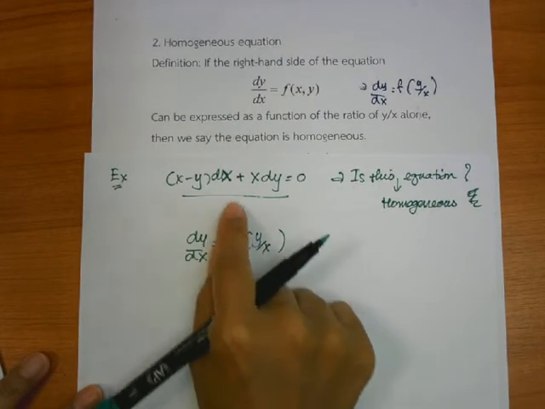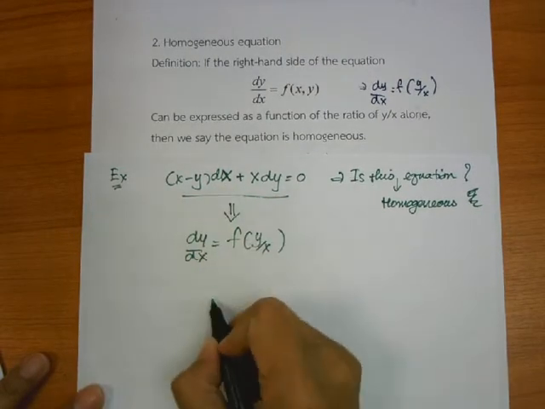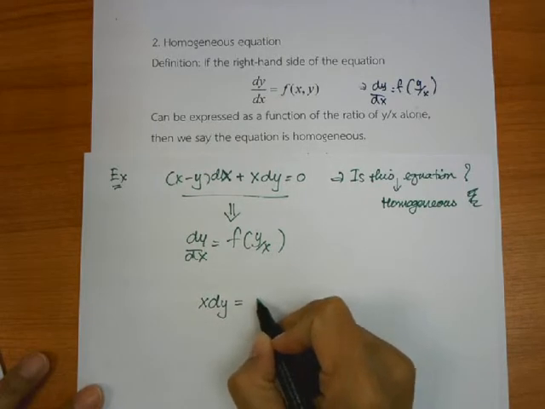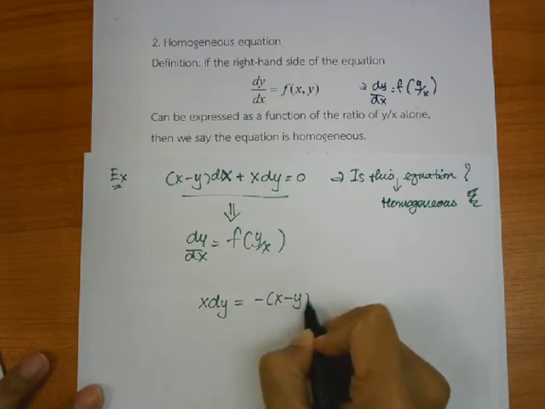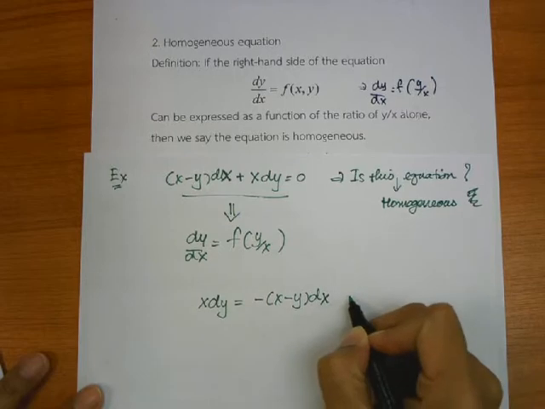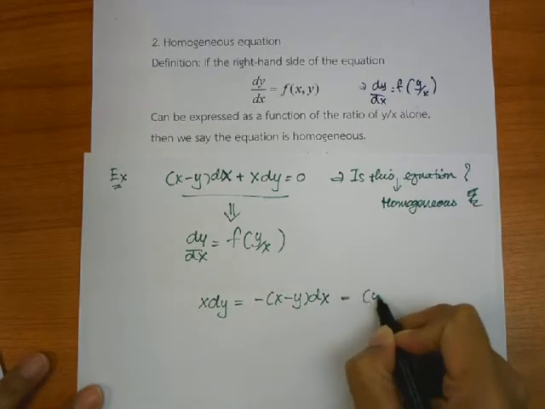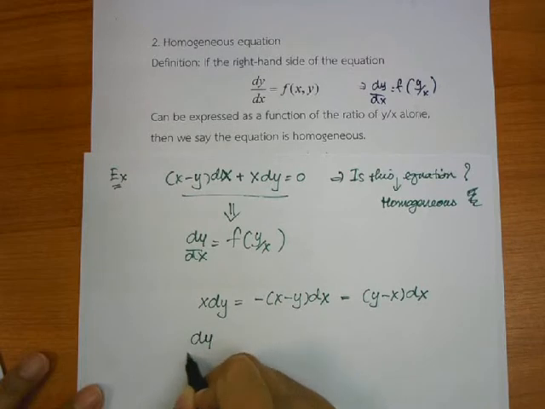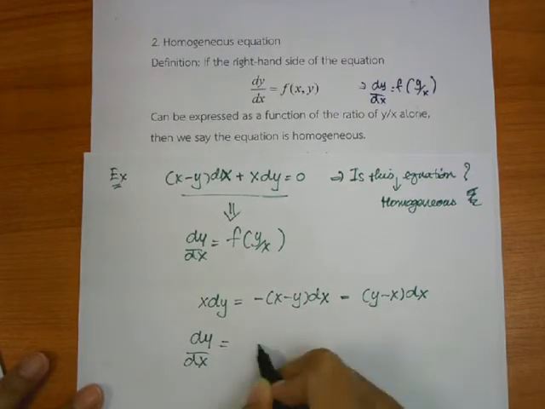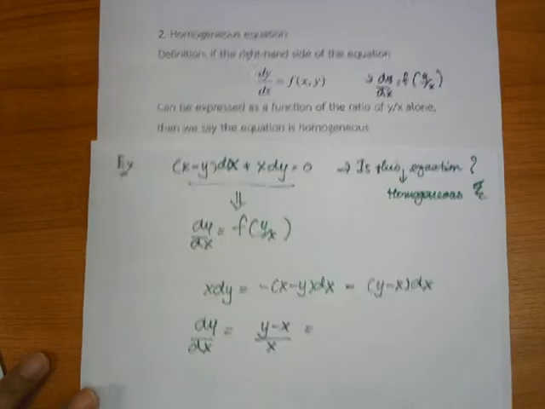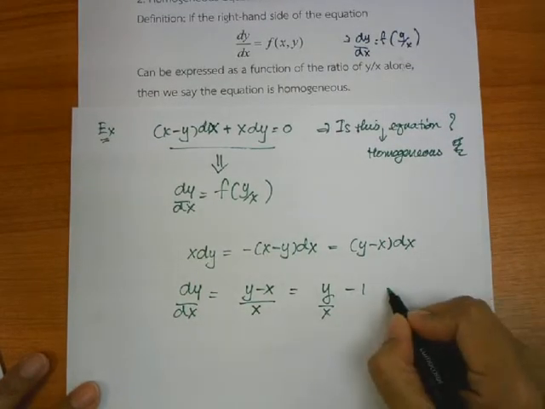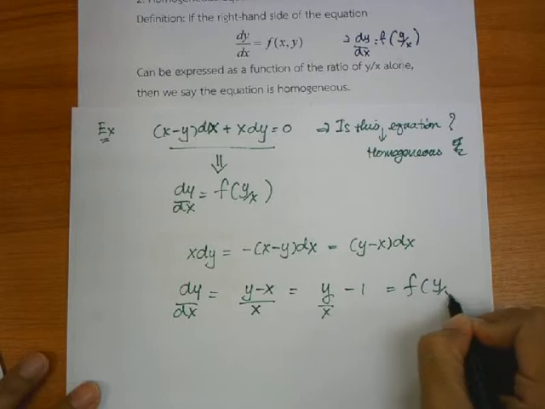So the way that we do it is just rearrange the equation. We would get x dy is equal to minus x minus y dx, or y minus x dx. So our dy by dx is equal to y minus x divided by x, which is y over x minus 1. This one is a function of y over x, right?